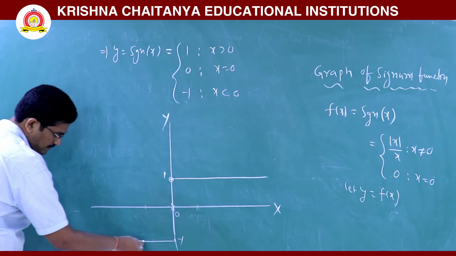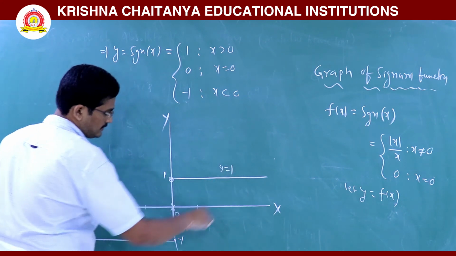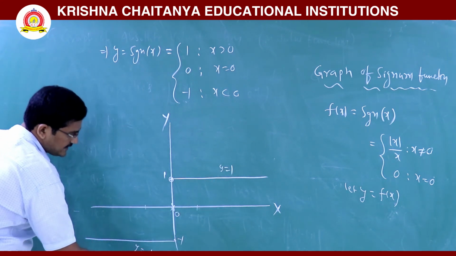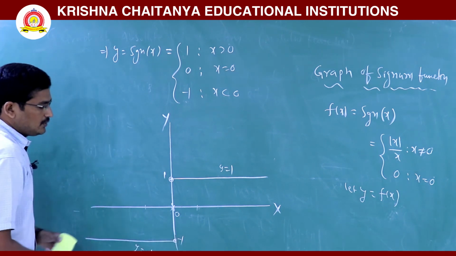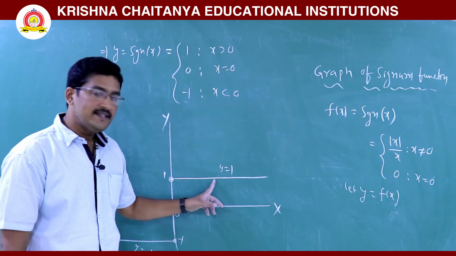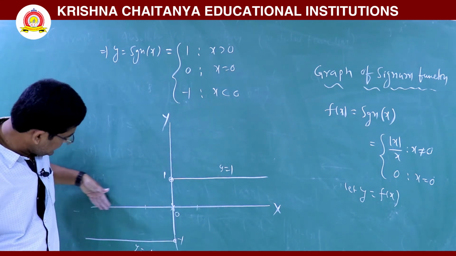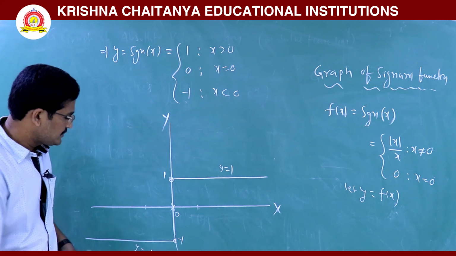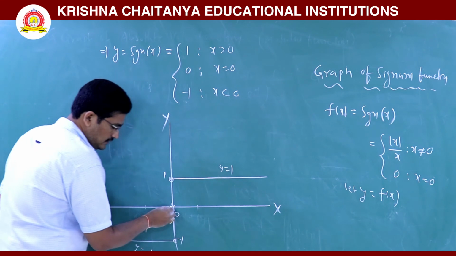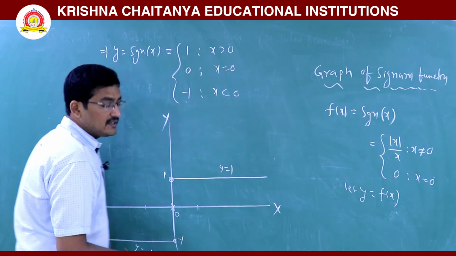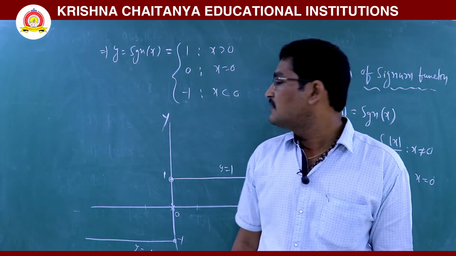This is y equals 1, this is y equals minus 1, and this is 0. That represents the signum function of x.